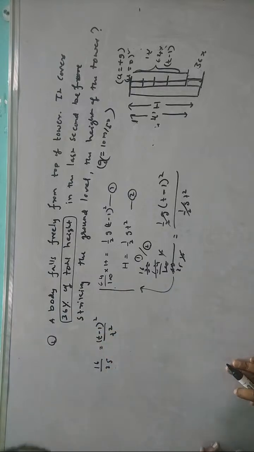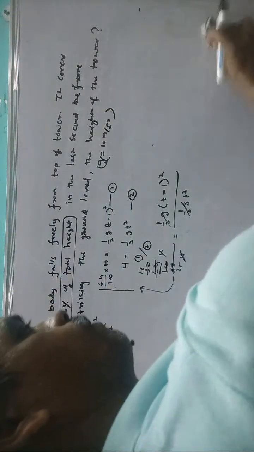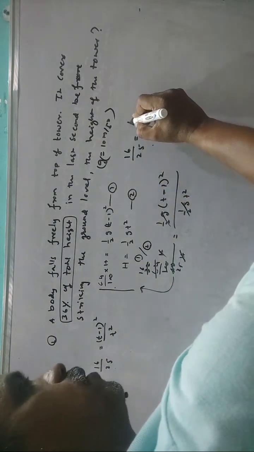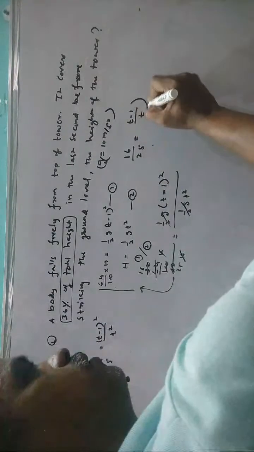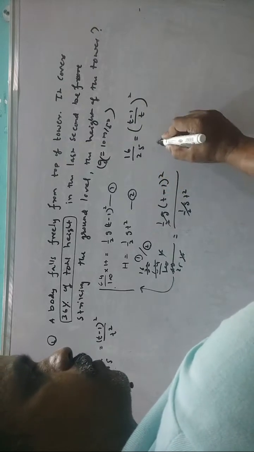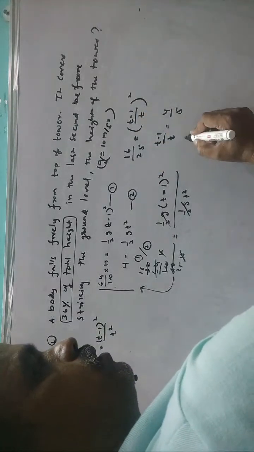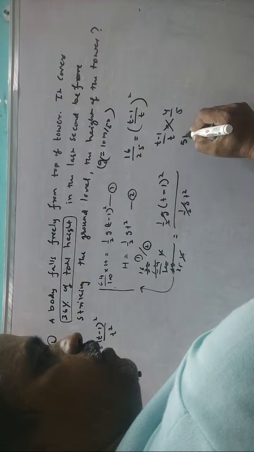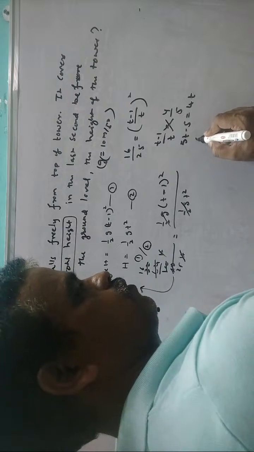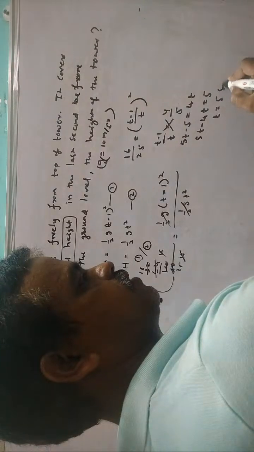Is it okay? I am writing here 16 by 25 equal to t minus 1 by t whole square. So t minus 1 by t equal to 4 by 5. Take the square root. So cross multiply: 5t minus 5 equal to 4t. So 5t minus 4t equal to 5. t equal to 5 seconds.